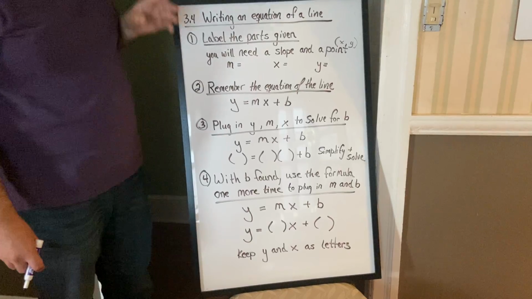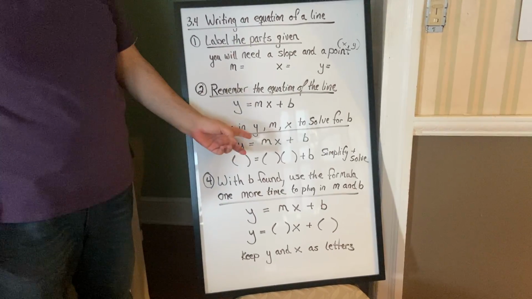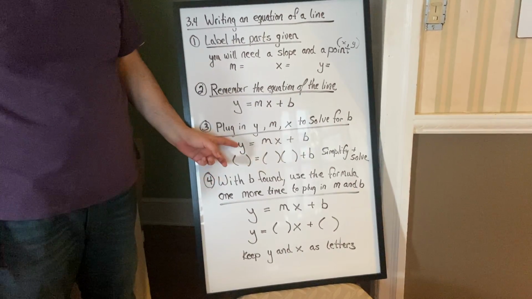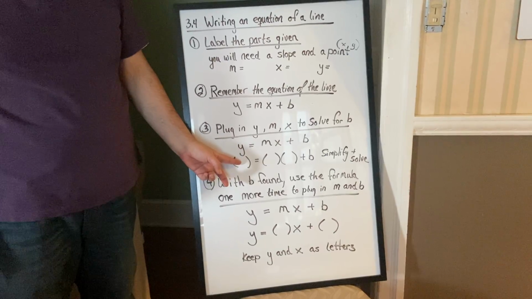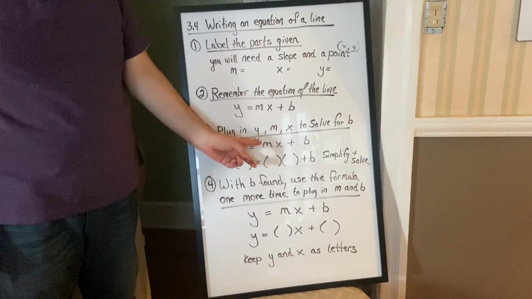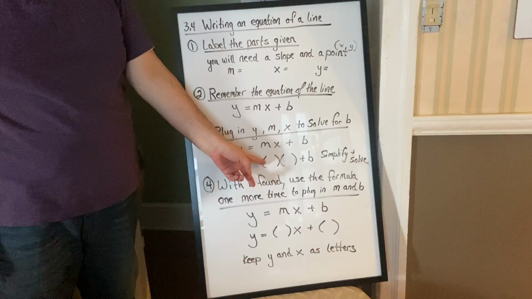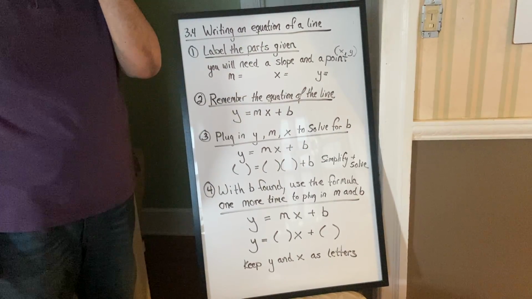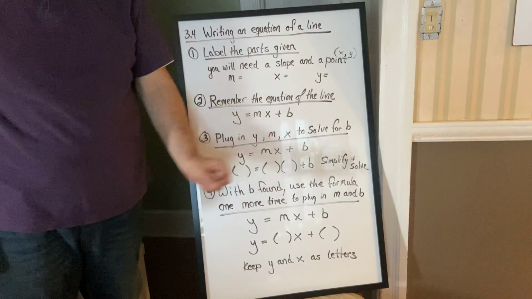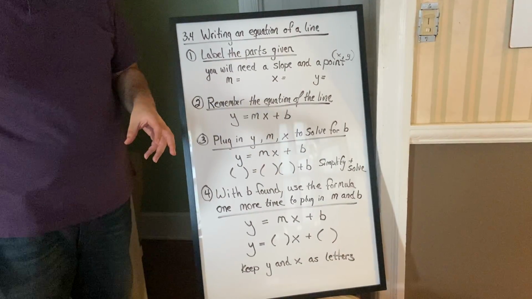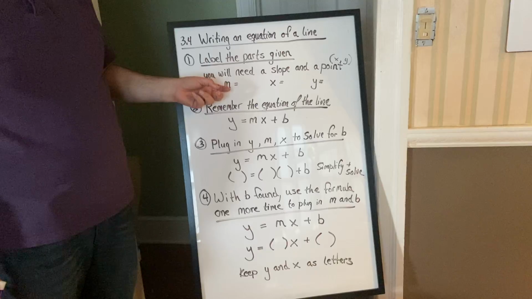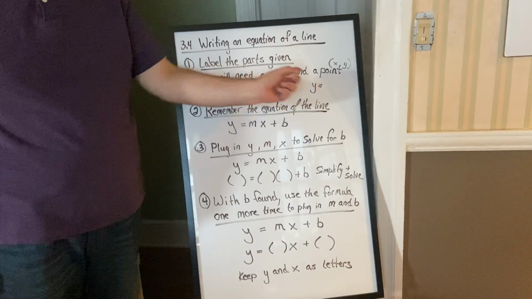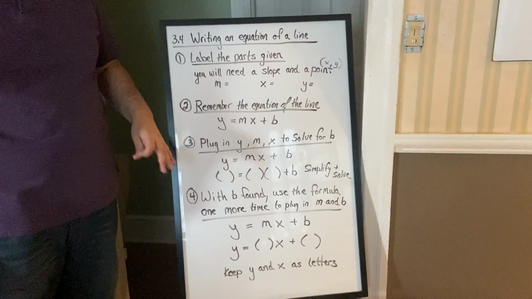So you replace y, m, and x each with a set of parentheses to plug in. The letter b, just leave it as the variable b. For each of these, you're going to know the m, the x, and the y, not the b.